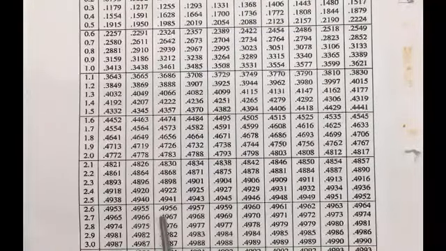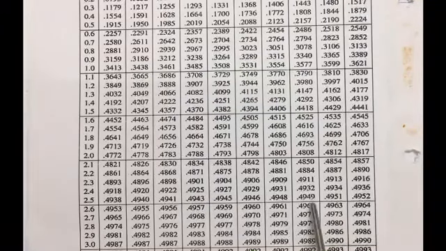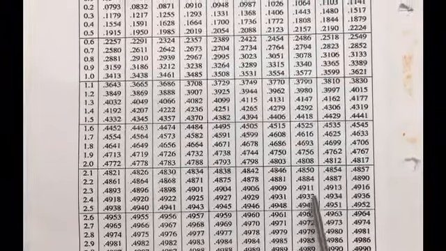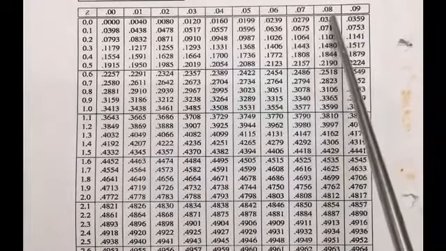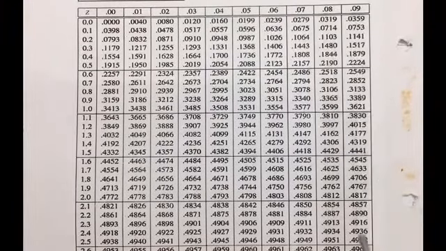Finding the value of 0.4950, it lies in the row 2.5, and from the top, it lies in 0.07 and 0.08.